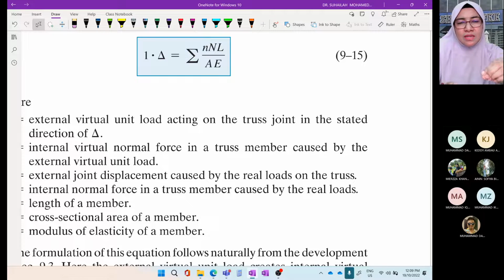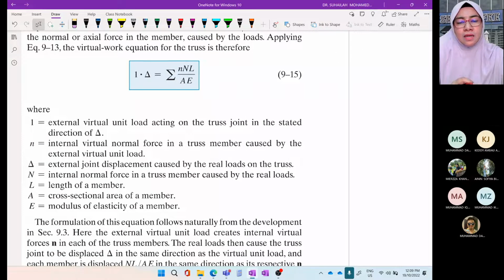Maksudnya dalam deflection in determinate structure pun sebenarnya ada tiga-tiga effect tu, tapi mungkin pada peringkat awal you hanya fokus kepada satu effect. Tapi bila belajar bila dah go in advance, you kena faham yang displacement ni not only due to external loading, it can occur due to effect as well. So all the effect tu kita akan analyse dalam flexibility method.